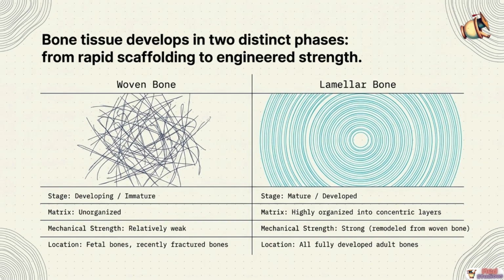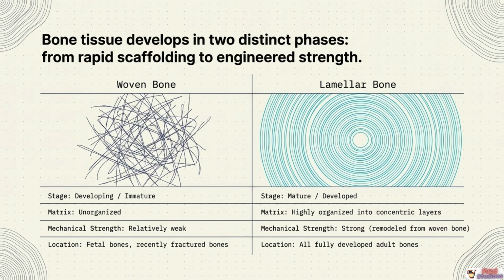In woven bone, the collagen fibers of the matrix are laid down rapidly and without any particular directional order. They run in a chaotic, interlacing pattern in multiple random orientations. This disordered architecture is reflected in the microscopic appearance, irregularly distributed osteocyte lacunae scattered throughout a visually unorganized matrix.